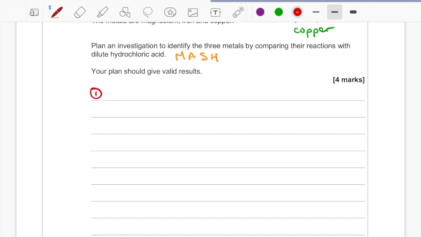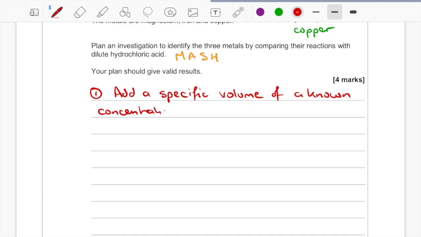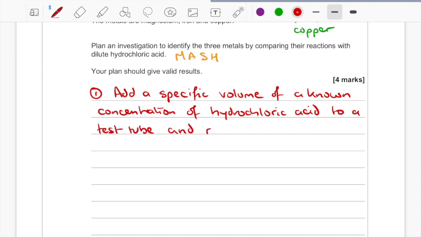The first step: add a specific volume of a known concentration of hydrochloric acid to a test tube, and record its temperature.